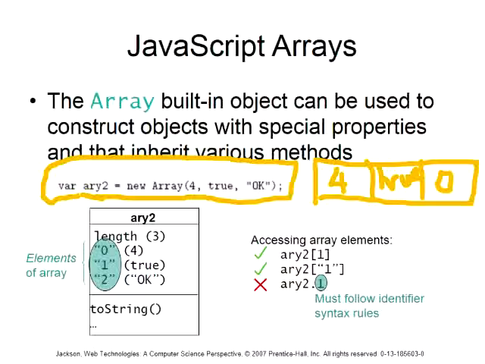So what is the difference between arrays in Java and arrays in JavaScript? Here we can find many different types in the same array, while in Java we must use only one type for all the elements of the array.